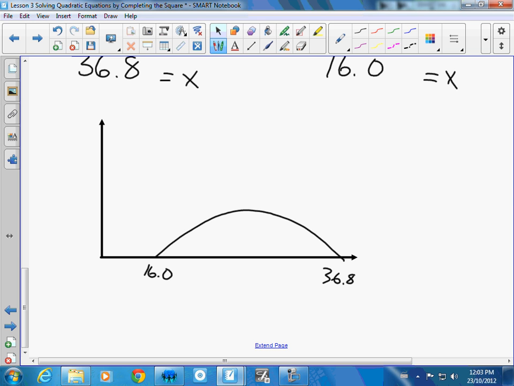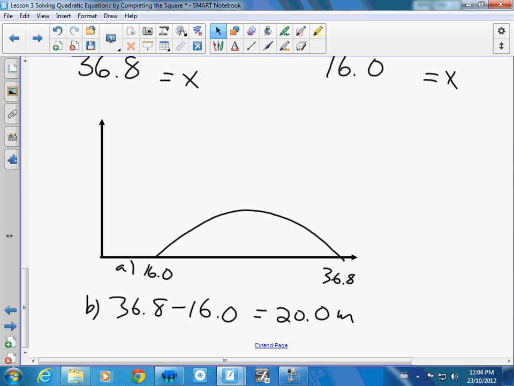How far does the ball actually travel? 20.8 meters. So this part is A, that part is B. That makes sense?